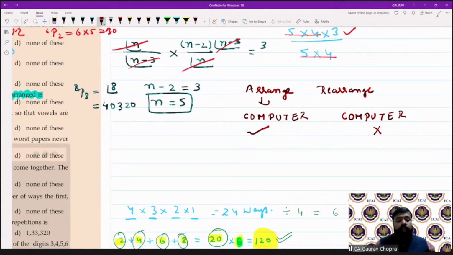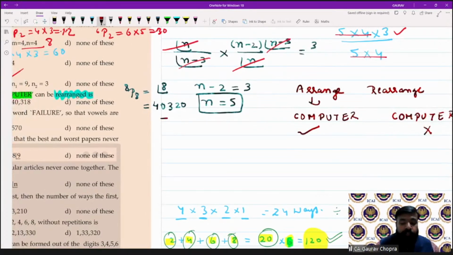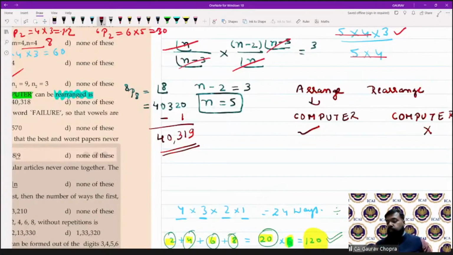Therefore, we have to subtract 1 from this, because 40,320 includes one spelling of computer. Therefore, the final result will be 40,319. So this was a very good twist, a very, very good question. That is why most of you have given the answer A, but that will be incorrect.